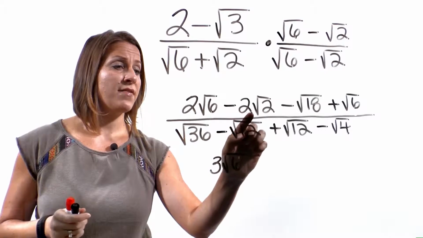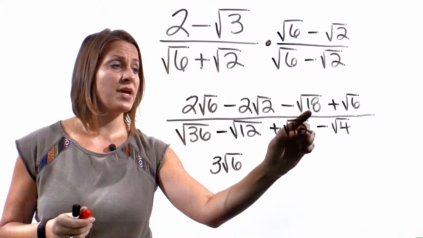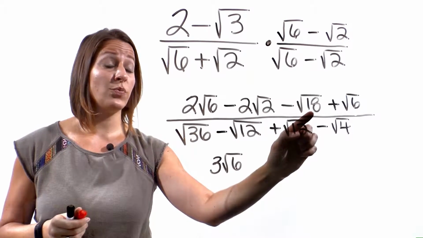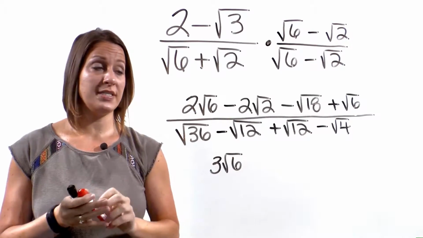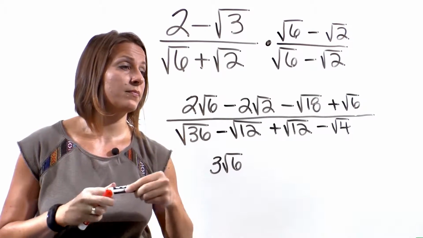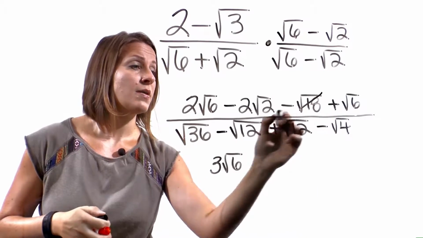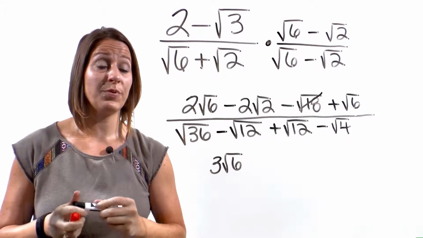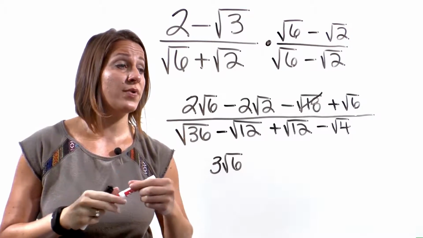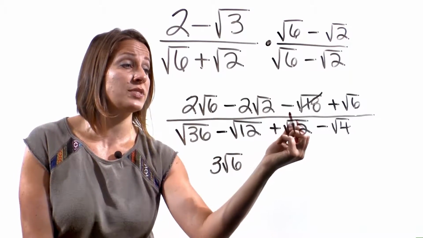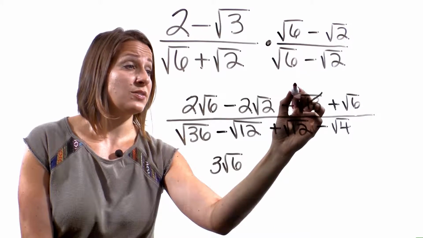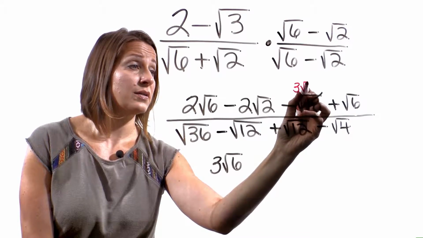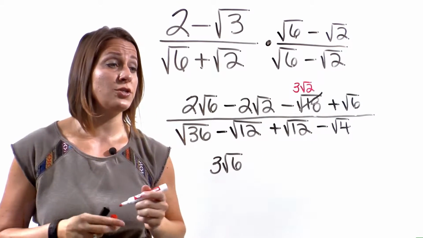Next, we have a radical 2 and we have a radical 18. However, we can rewrite the square root of 18 because 18 is 9 times 2. 9 is a perfect square. So another way of writing the square root of 18 is 3 radical 2.